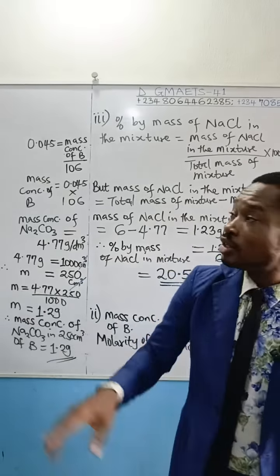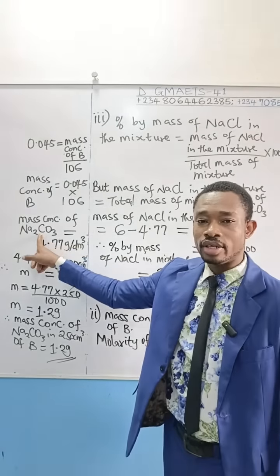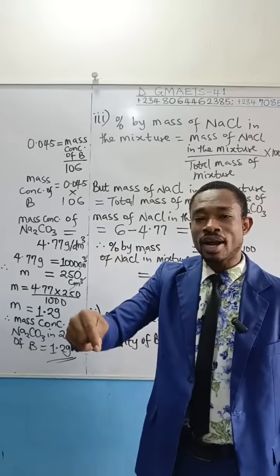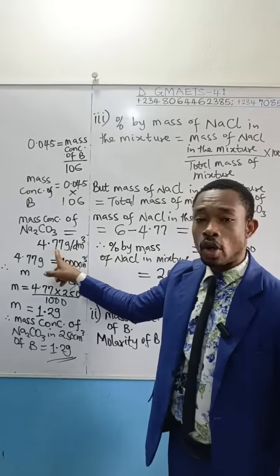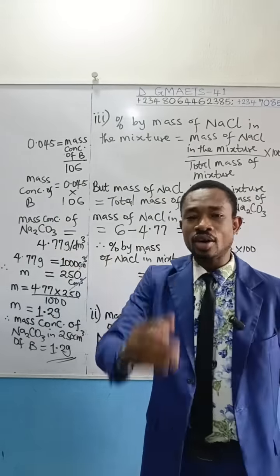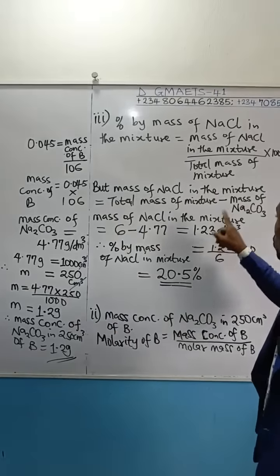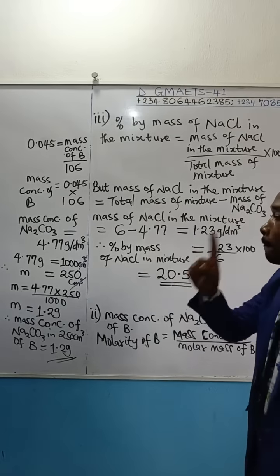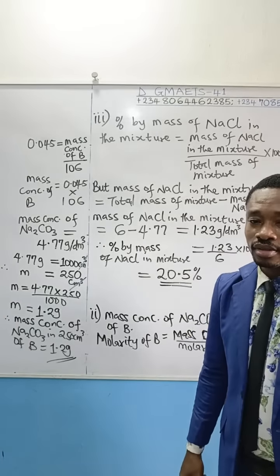And the question now is, what is the pure substance here, the pure part of this base? It is sodium carbonate. Now, what is the mass of sodium carbonate in 1000 cm cube or in 1 dm cube? It is 4.77. Pick your calculator, press 4.77 divided by total mass, which is 6, multiply by 100. You will still get 79.5%.